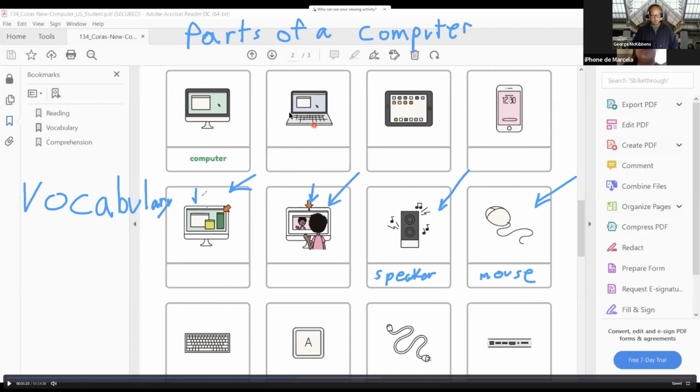Monitor. You could say the monitor is the whole thing, but where's the arrow pointing right there? The whole monitor is that big thing you pick up. Yeah, the screen, or we even call it the desktop. What you see there is your desktop.